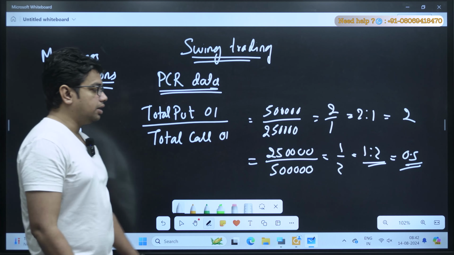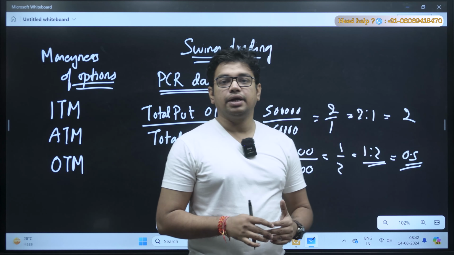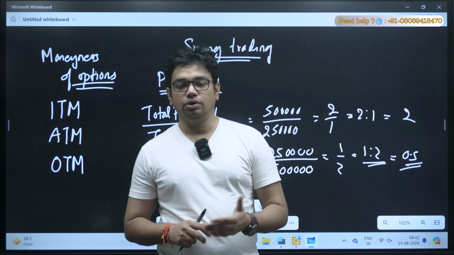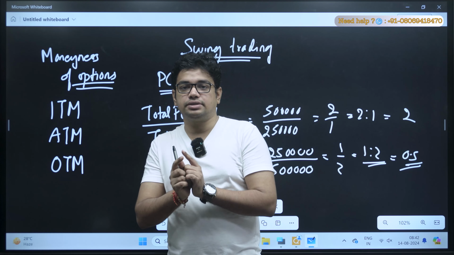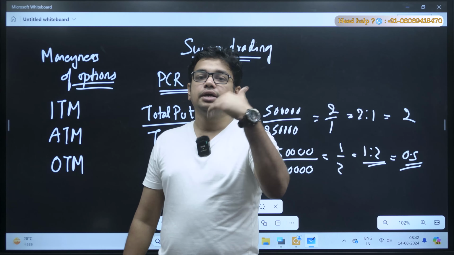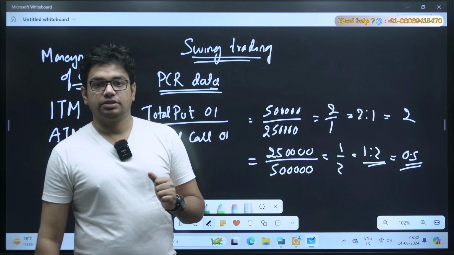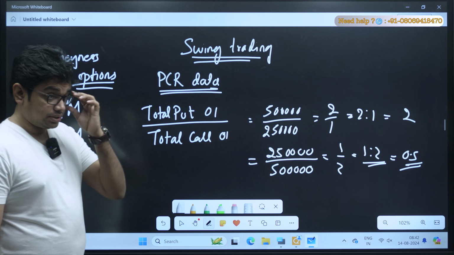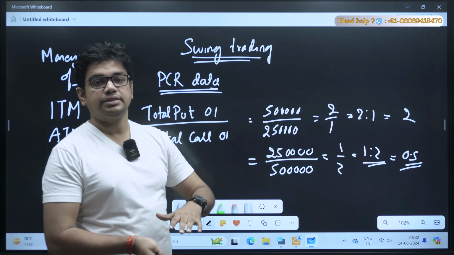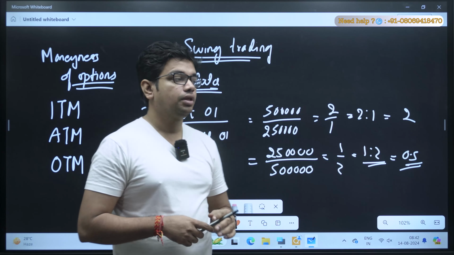In case of a call, ITM is where the strike price is lower than the spot price, ATM is where the strike and spot price are the same, and OTM is when the strike price is greater than the spot price. That is the moneyness. If you go for the put option, it is exactly the opposite of the call option.